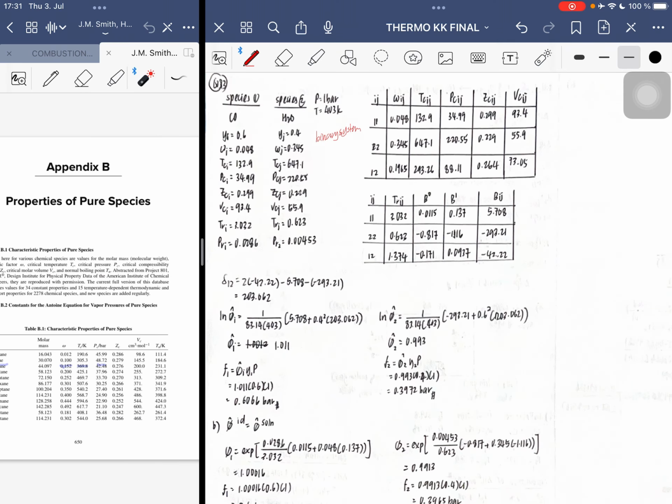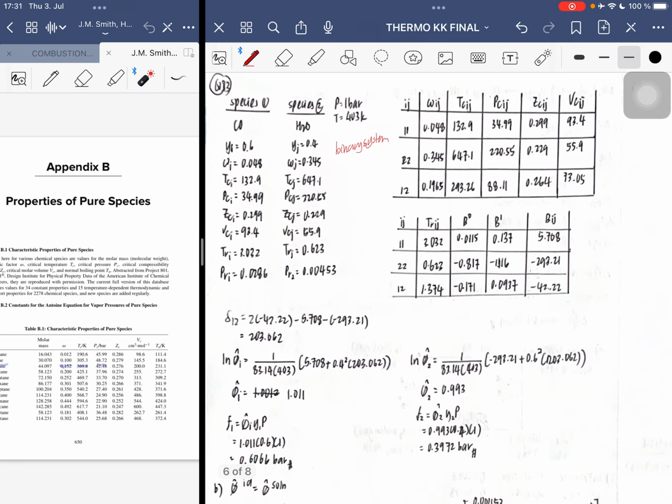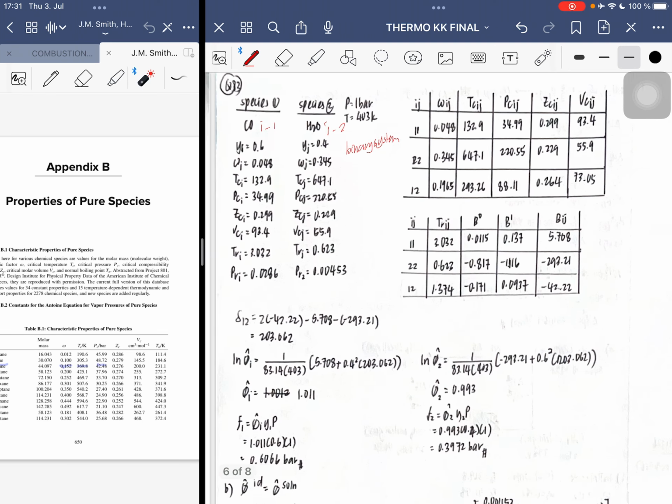You have to find the combined characteristic properties of these two species. So ij: i means species i, j means species j. In this case, CO is i, H2O is j, or i can be 1 and j can be 2. It doesn't matter, it's just the way you refer to them.